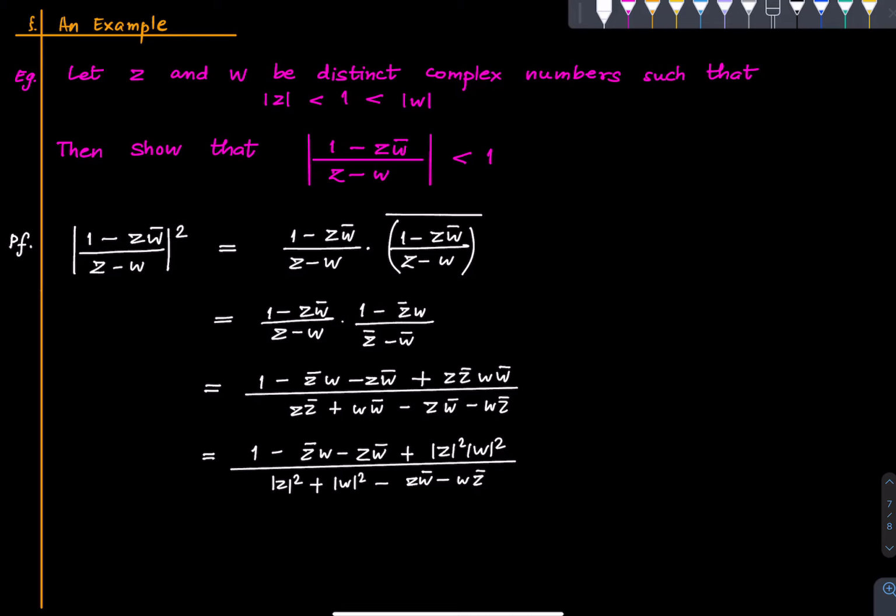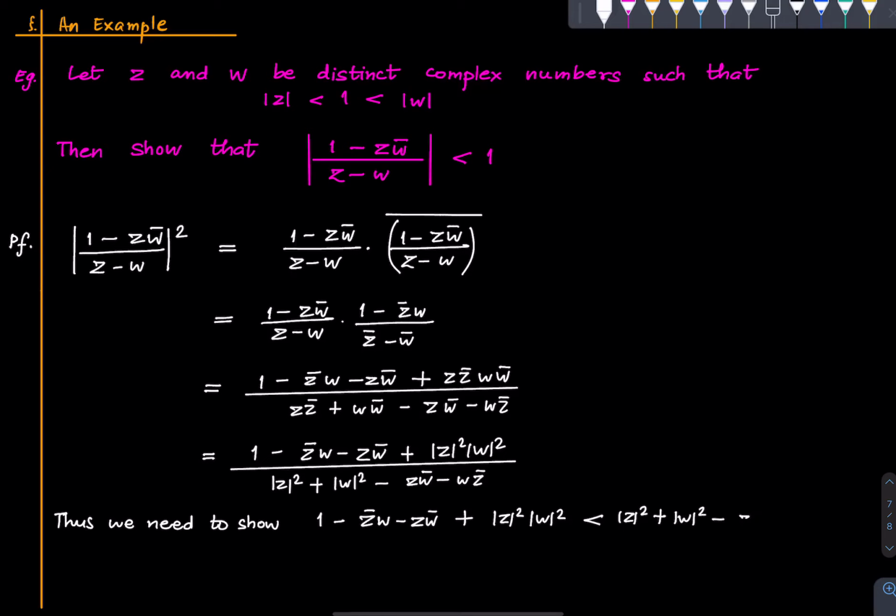So to show that this is strictly less than 1, we need to show that, right?